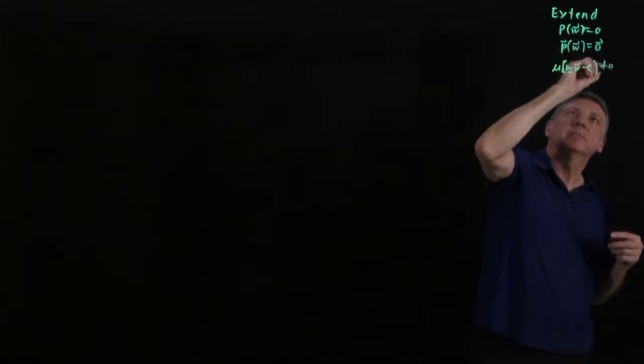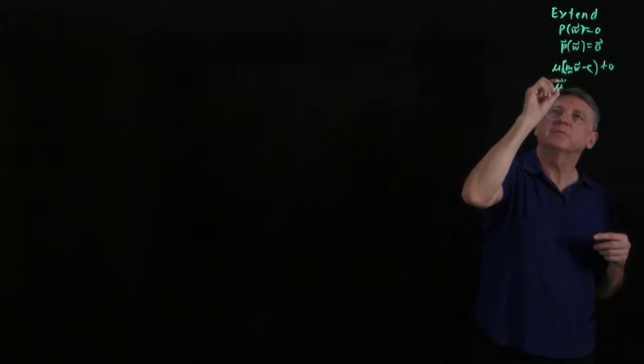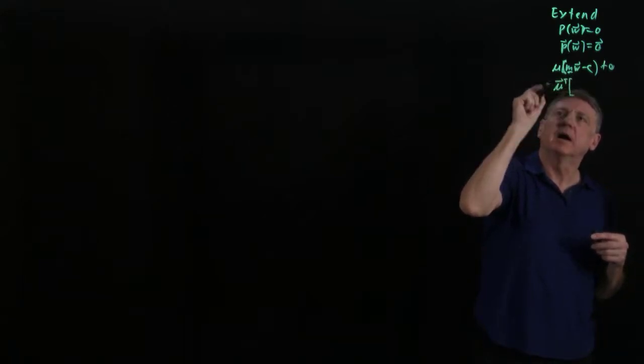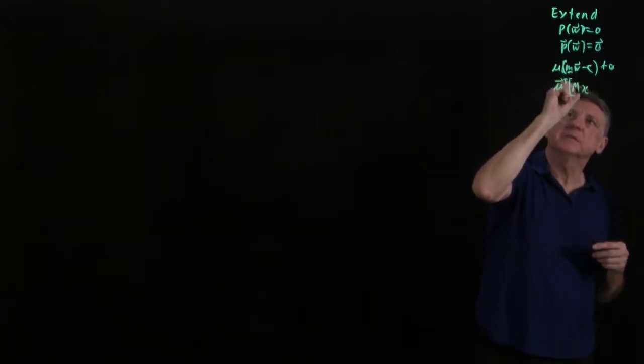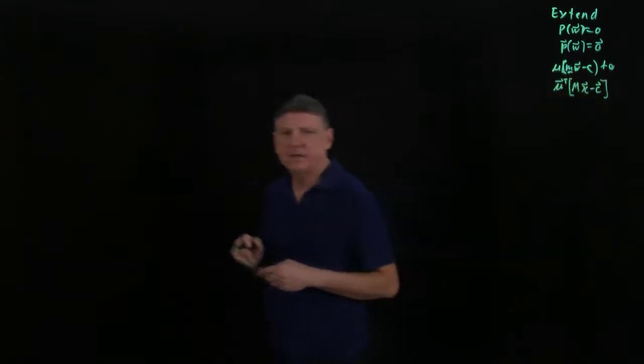The way we can write that is with a vector of Lagrange multipliers, a matrix that is constraining, and a vector that is constraining. So let's keep that in mind.